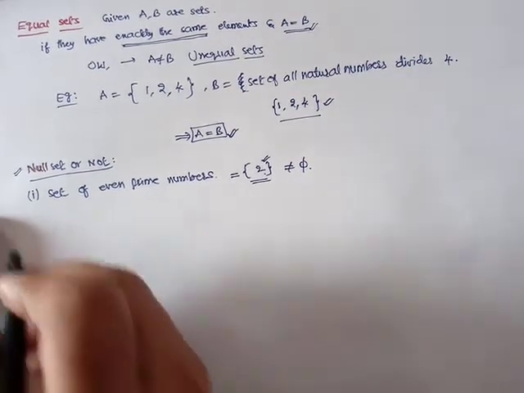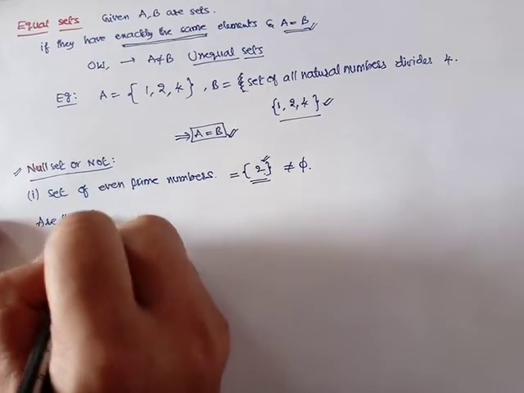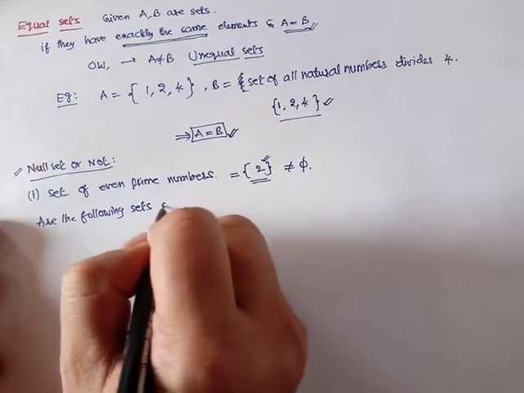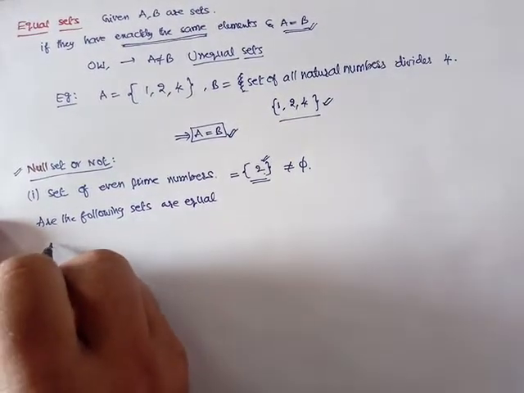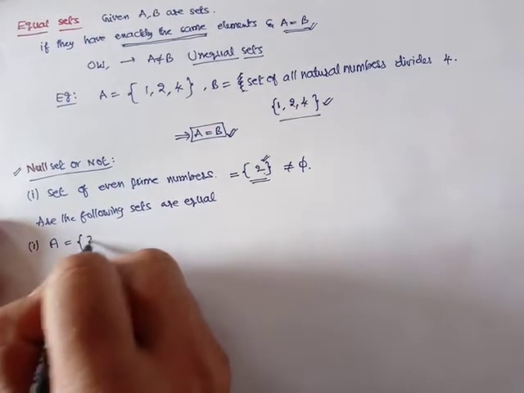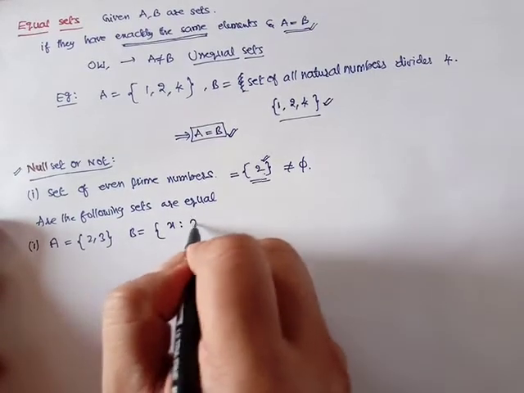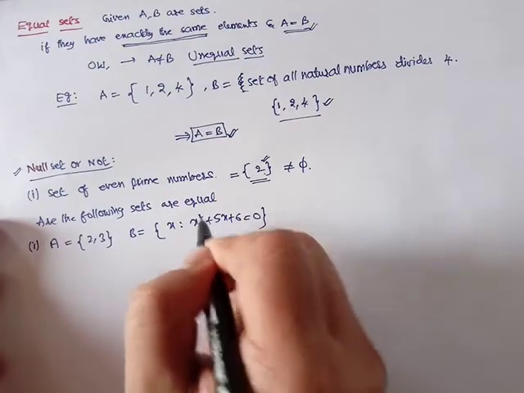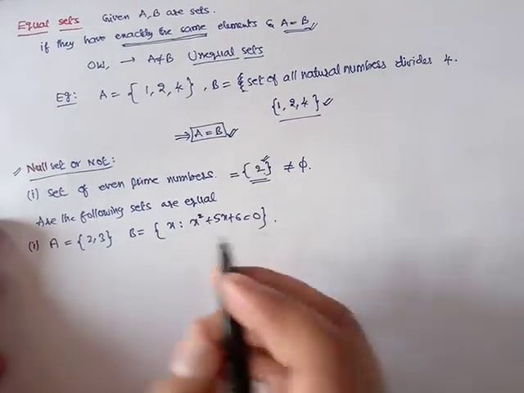Taking the other question, are the following sets equal? First consider the first one. A is equal to {2, 3} and B is equal to {x such that x square plus 5x plus 6 is equal to 0}. Then x square plus 5x plus 6 is equal to 0.